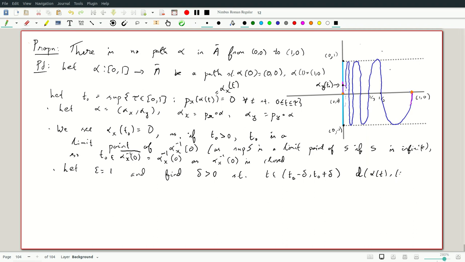Alpha of t0 I might as well write out explicitly as (0, y0), where y0 is alpha y of t0. So this is the point (0, y0). I'll be quite generous and take a ball of radius 1 around it.